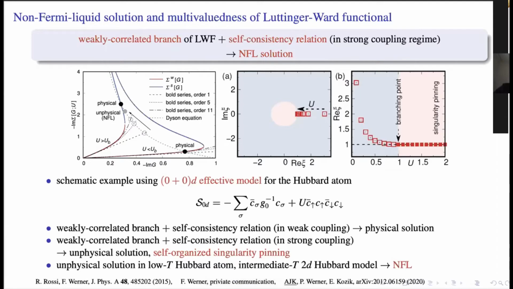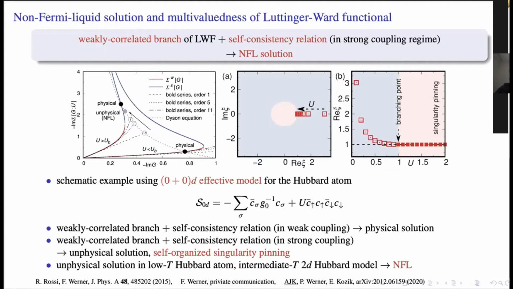Suppose the physical solution is in the weakly correlated branch, and we choose the weakly correlated branch in a perturbative way. Then using the Bold series, for example, the lowest order Bold series gives us a nice approximation, and the result gets more and more accurate as we increase the expansion order of the Bold series.